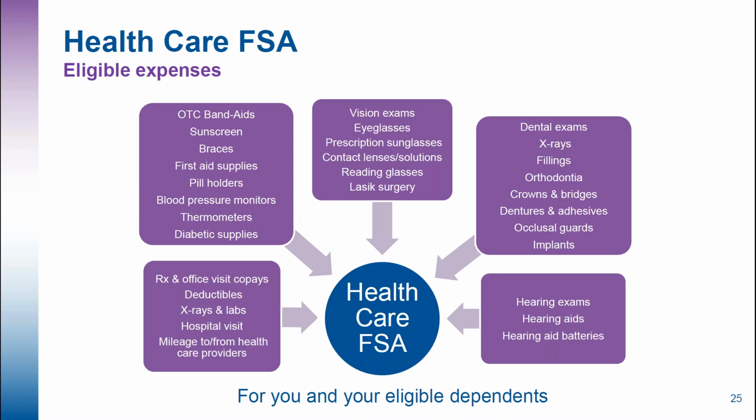Eligible expenses: doctor appointments, your co-pays, your deductibles, x-rays, labs, hospital visits, the mileage to and from healthcare providers, MRIs, hospital stays. So there's just a lot there. Over-the-counter stuff like Band-Aids, sunscreen, braces, first aid supplies, pill holders. Braces aren't really over the counter. I guess maybe if it's for your arm or your leg, you can use braces there.